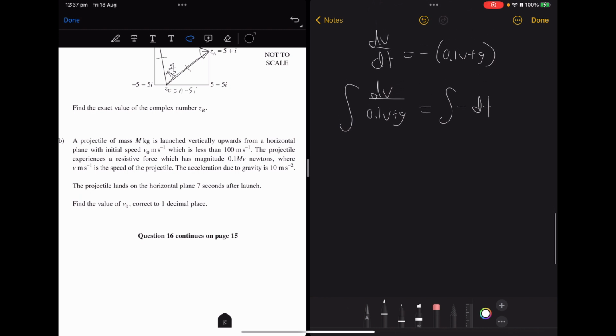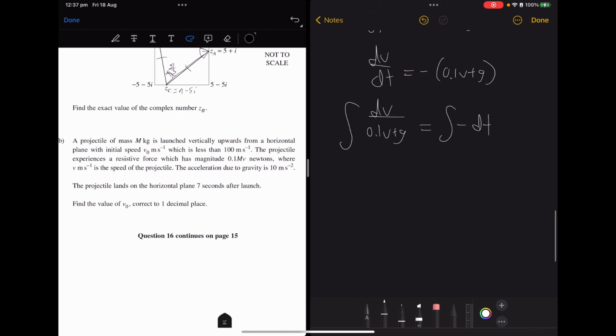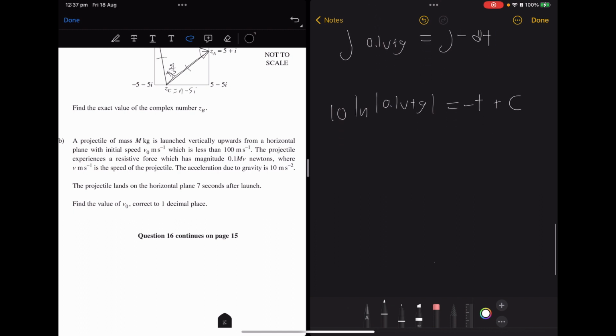which gives us over here, 1 over 0.1 is just 10, times ln of the absolute value of (0.1 v plus g) is equal to negative t plus c, some constant. So how do we find it?